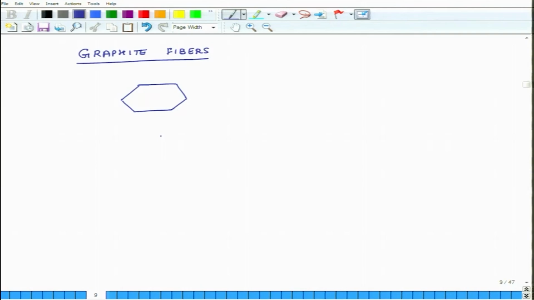So, I will try to make that kind of a structure. Let us say these are the two layers, and each of these are the graphite molecules or atoms, carbon atoms, and carbon has a valency of 4.